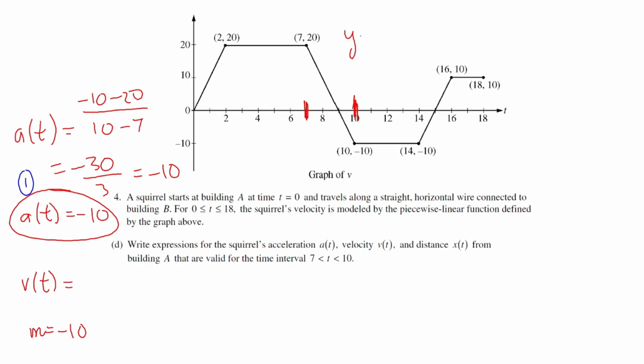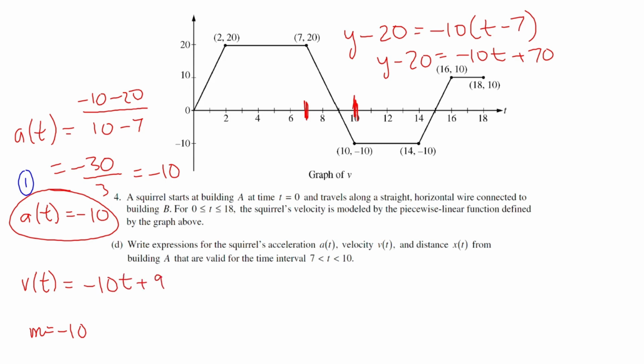Right, so we'll do y minus 20 equals negative 10 times, not x, we'll do t minus 7, which is how we would normally do this. We have y minus 20 equals negative 10t plus 70, or y equals negative 10t plus 90. So we'll say v of t equals negative 10t plus 90. Right? We're just using point slope form to find that linear equation. And you got 1 point there for the velocity.